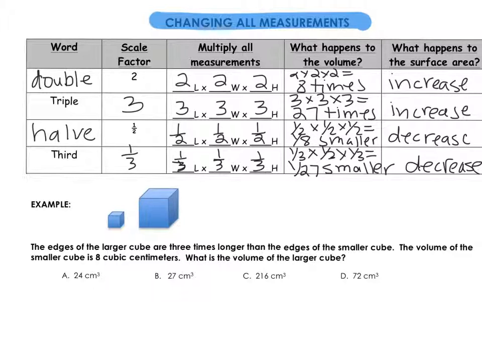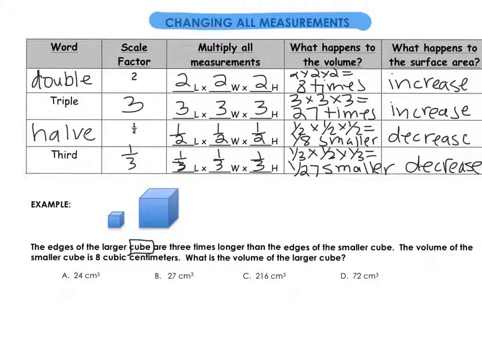Here's an example below. The edges of the larger cube are 3 times longer than the edges of the smaller cube. The volume of the smaller cube is 8 cubic centimeters. What's the volume of the larger cube? Well, there's a couple things that we need to remember. First, if it's a cube, then all of the measurements are the same. So in other words, the length, the width, and the height are all the same number.